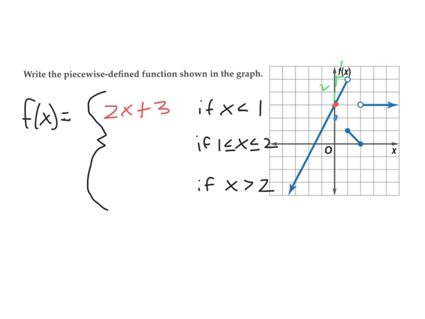If I back it up one, because to get from here to here, I go left one, up one. If I go left one, up one again, it'll line right up. Well, that value is 2, which tells me this piece has a y-intercept of 2, even though 2 is not even on it. But these conditions are what cut it off, okay?